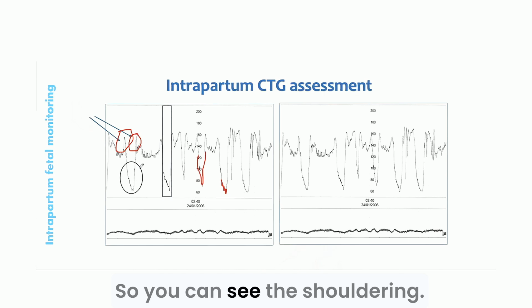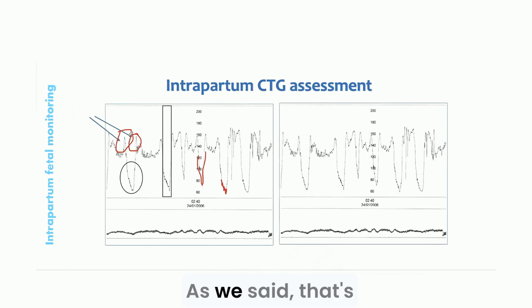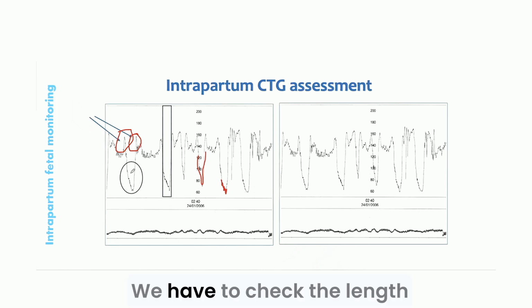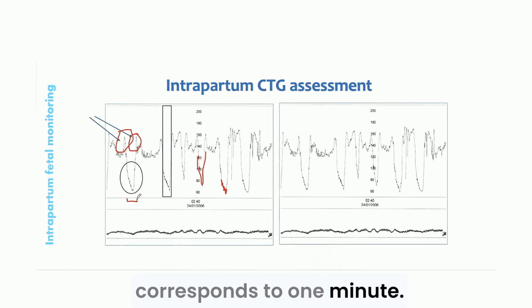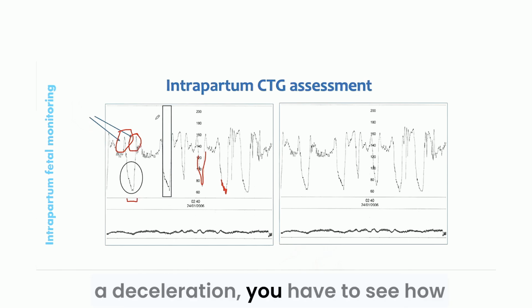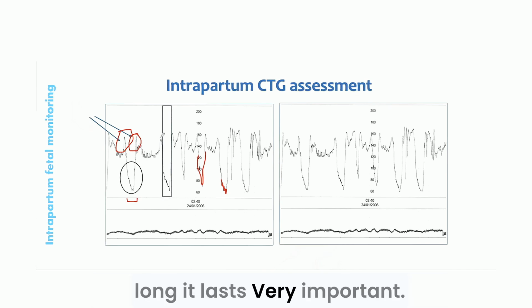So you can see the shouldering. As we said, that's an accelerative sign, so that's a good sign. That's positive. We have to check the length of the deceleration. Each box corresponds to 1 minute. Every time you see a deceleration, you have to see how long it lasts. Very important.